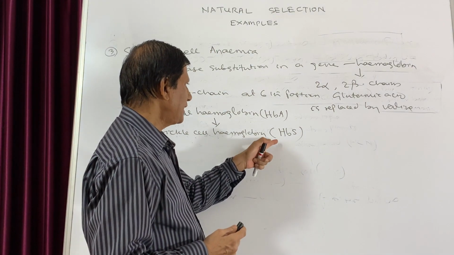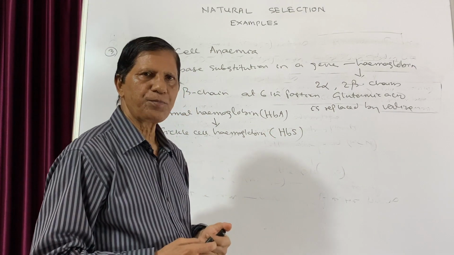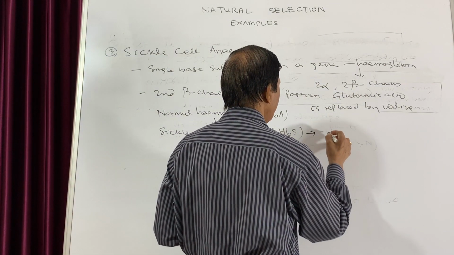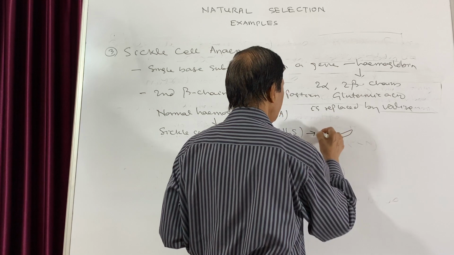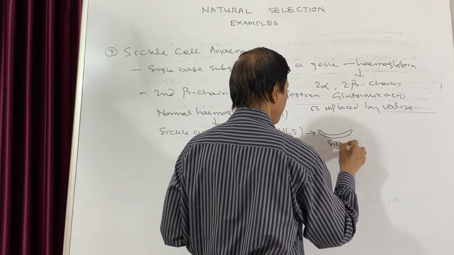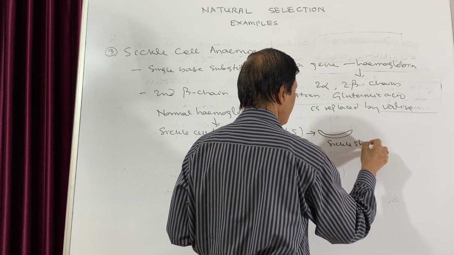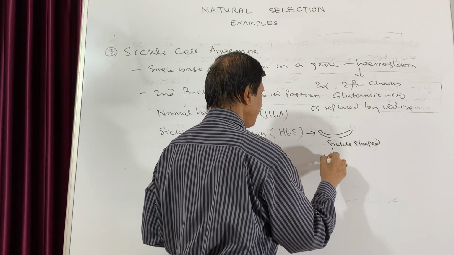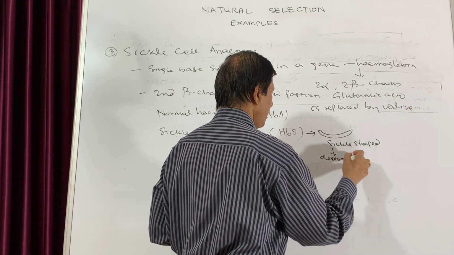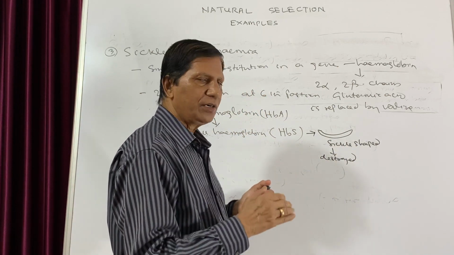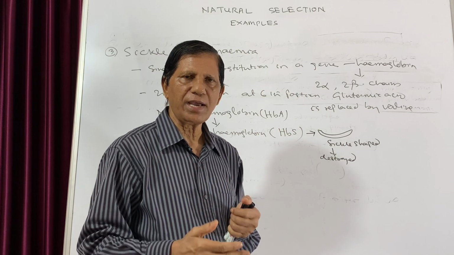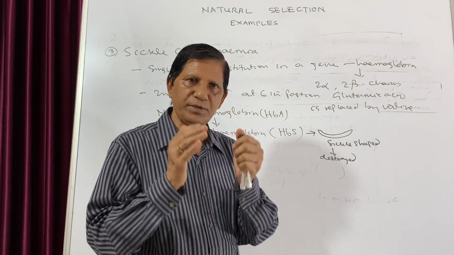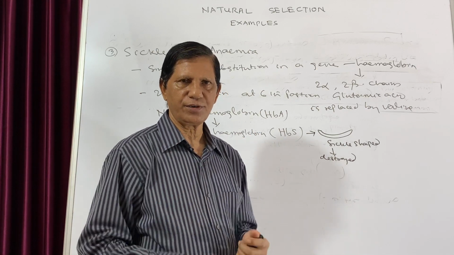Now, when this sickle cell hemoglobin is present, the RBCs become sickle shaped, and they are destroyed. As a result, they do not allow the tissues to get oxygen. That means the oxygen carrying capacity of the RBC is changed.